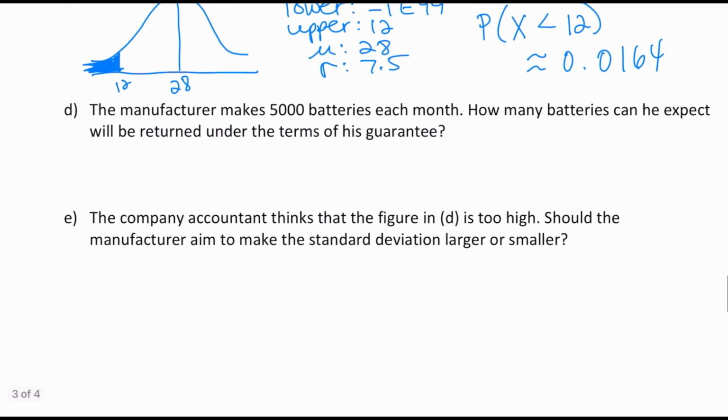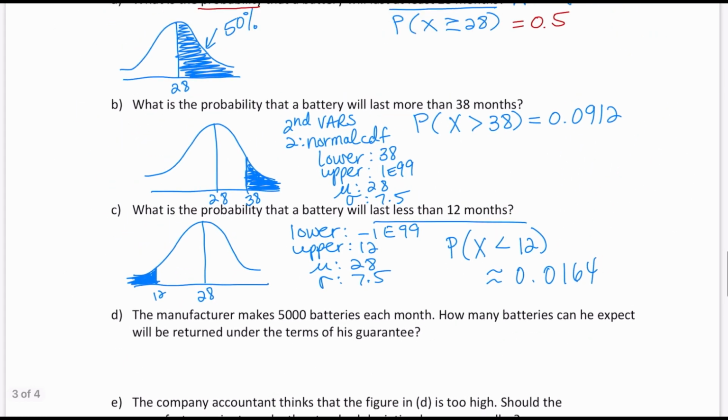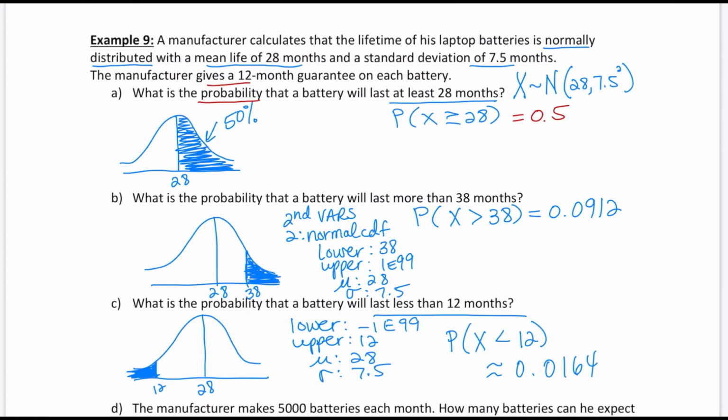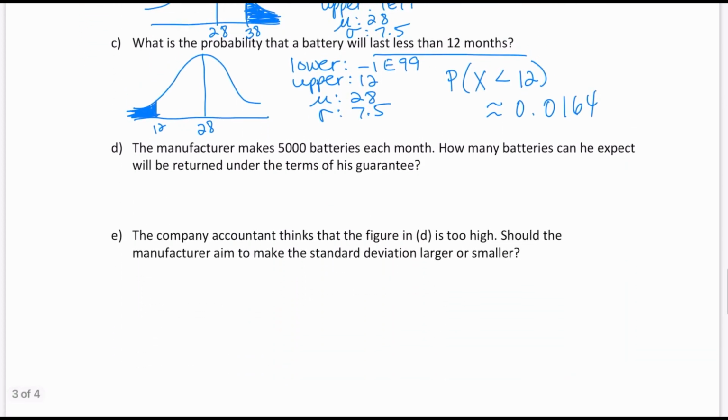For part D, it says the manufacturer makes 5,000 batteries each month. How many batteries can he expect will be returned under the terms of his guarantee? Well, if we go back to the problem, it says that they're giving a 12-month guarantee on each battery. So we have to make sure that this battery is going to last 12 months or more.